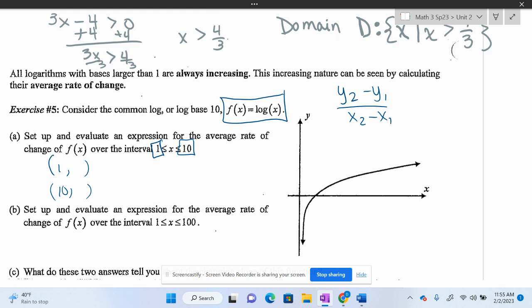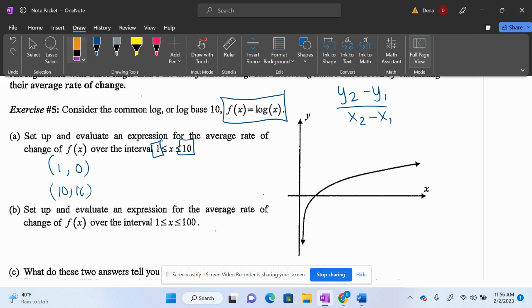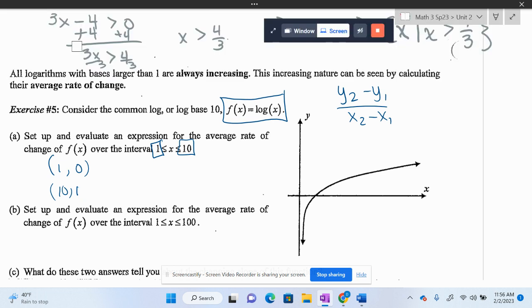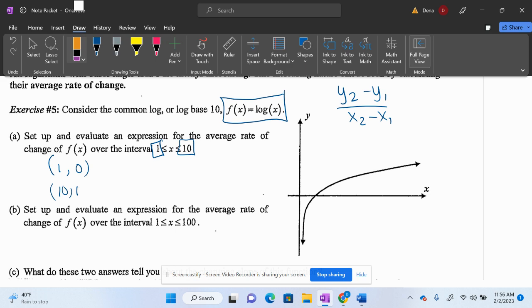So we're going to do y equals log x. When x is 1, y is 0. What about when x is 10? When x is 10, y is 1. So those are my 2 points. I have the ordered pair (1, 0), and the ordered pair (10, 1).